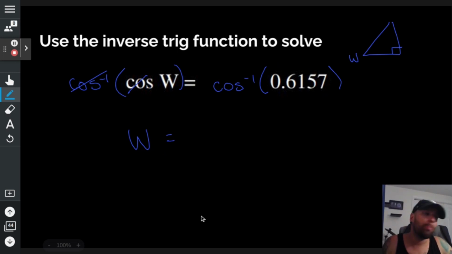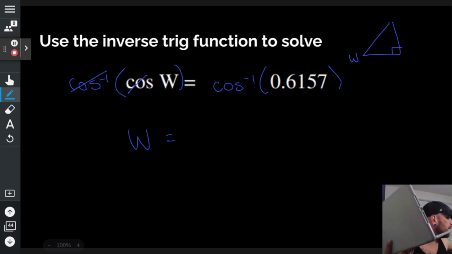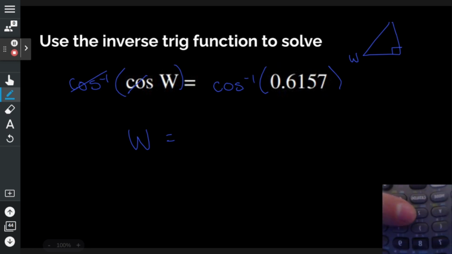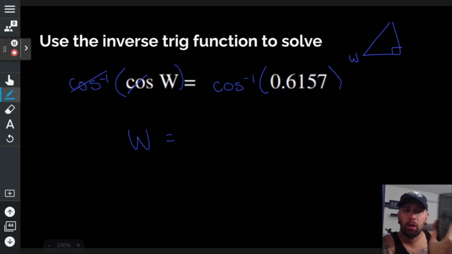I don't know. So what we do is we run to our calculator, whether you're using Desmos or a TI-84, whatever. I have a TI-89 Titanium, but the batteries are dead. You would hit the little green button and then the inverse cosine button.